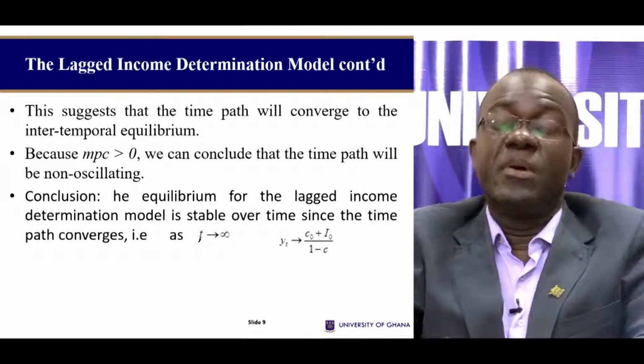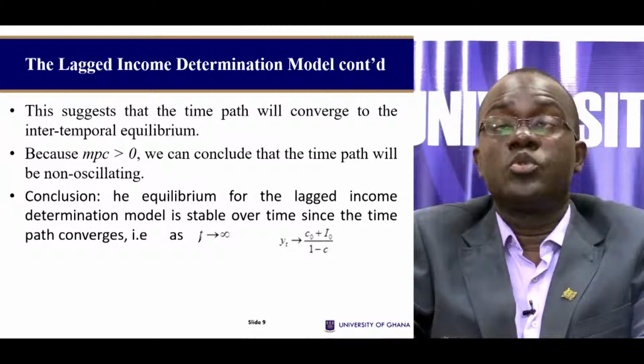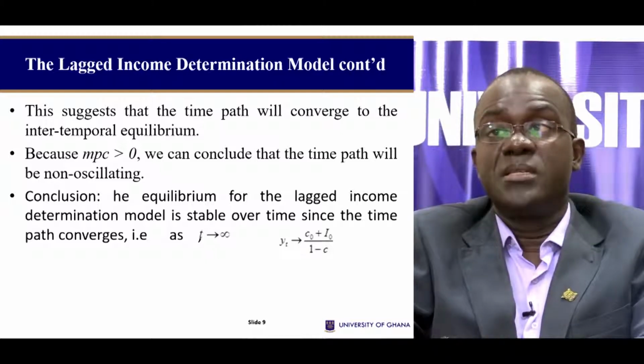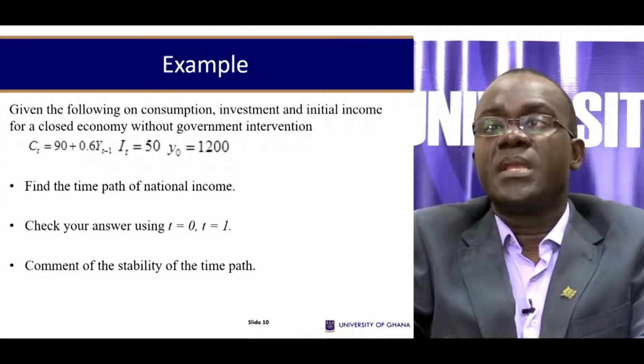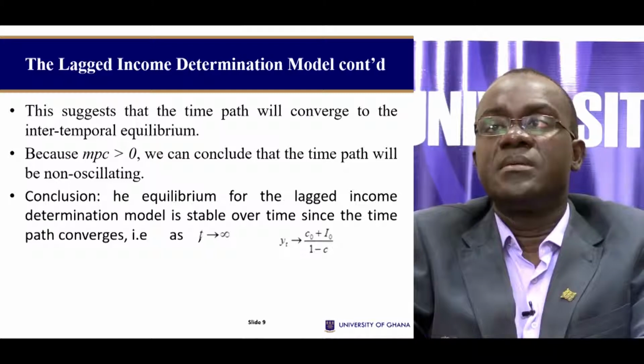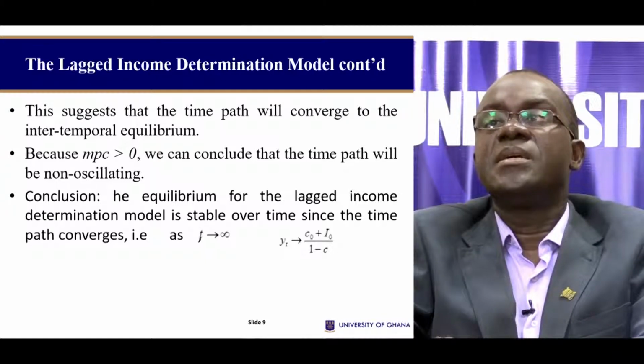Recall, when it's less than 1, let's say our B is equal to half, there is going to be convergence. So what it implies is that if you look at the lagged income determination model, as t approaches infinity, Yt will tend to the equilibrium value.